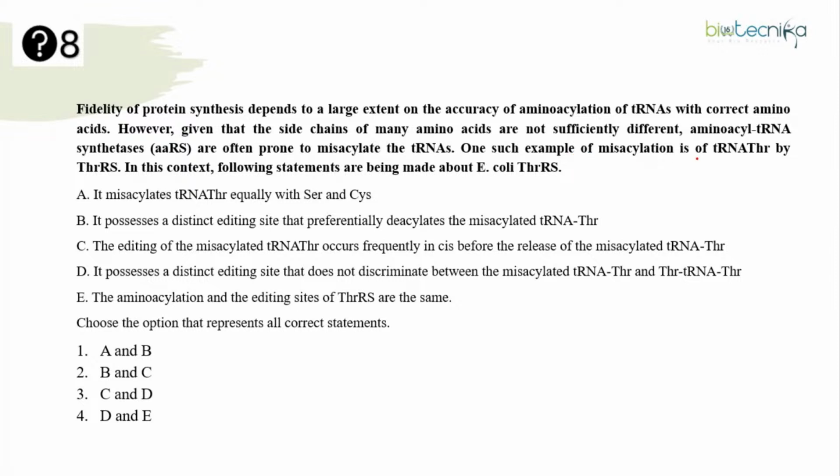One such example of misacylation is tRNA threonine by threonine amino acyl tRNA synthetase. In this context, the following statements are being made about E. coli threonine tRNA synthetase. Out of the statements, you have to choose the correct statements.